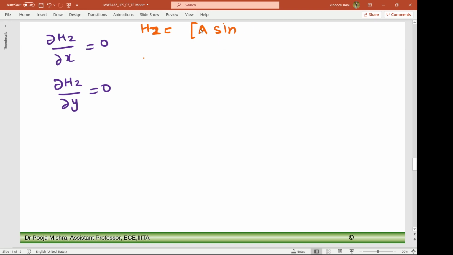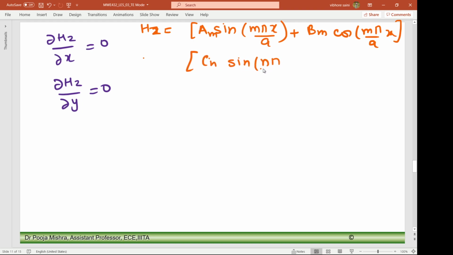So Hz equals Am sin m pi x by a plus Bm cos m pi x by a, times Cn sin n pi y by b plus Dn cos n pi y by b, times exponential minus j beta g z.